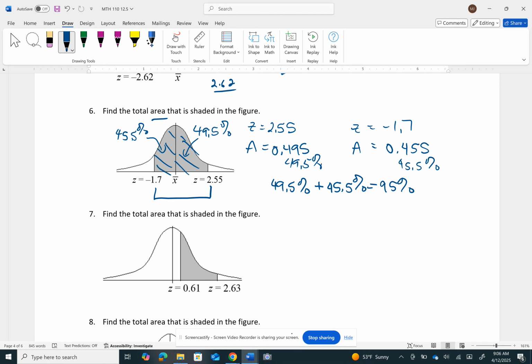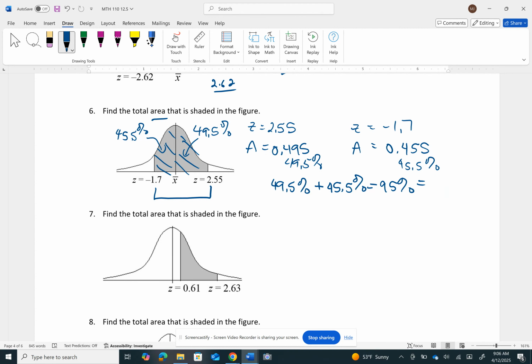But it said area. So the area under the curve is 0.95. That's kind of relative area. That's assuming the whole was 1. You just change it into a decimal. And your answer, if it says area, your answer should be the decimal.